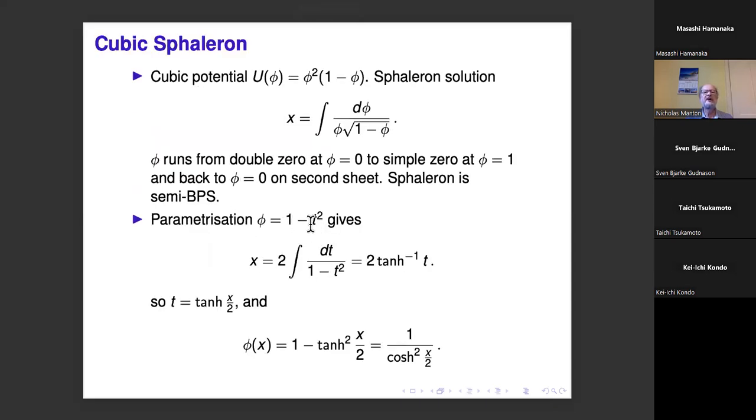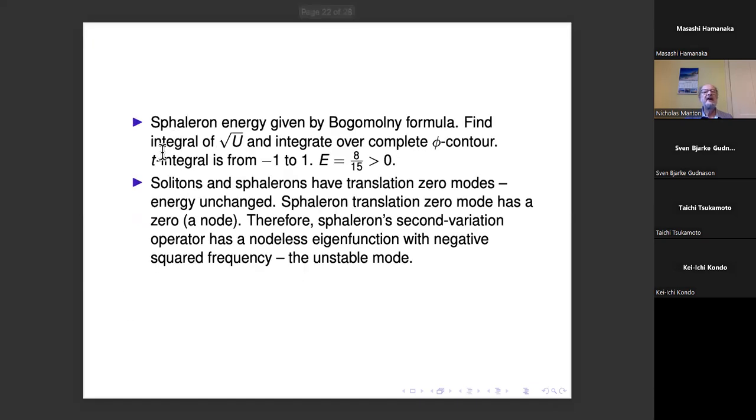I mean, this change of variables. And then the t integral is from -1 to 1. And so you end up with a non-zero result for the energy. The energy is 8/15. And it's positive. That means it's higher than the trivial solution where phi is 0 everywhere.